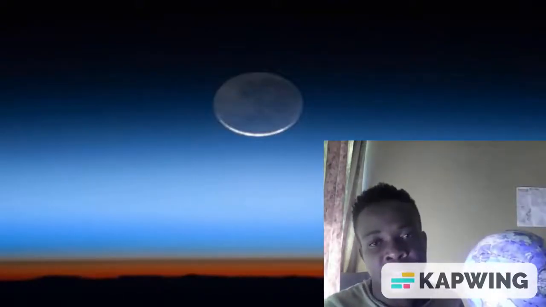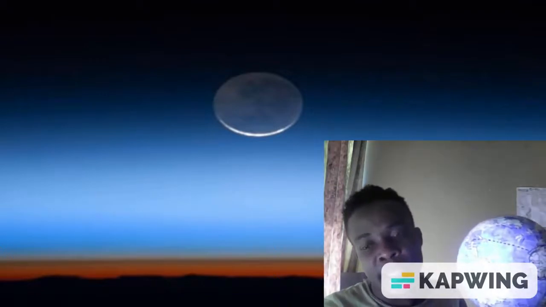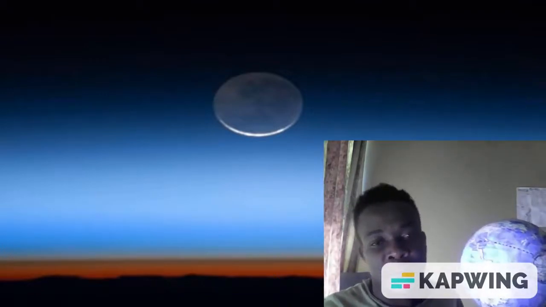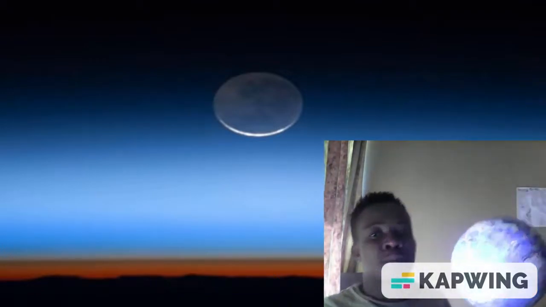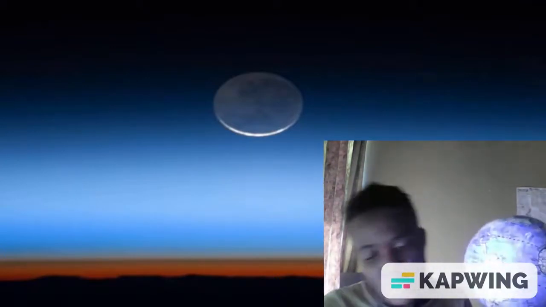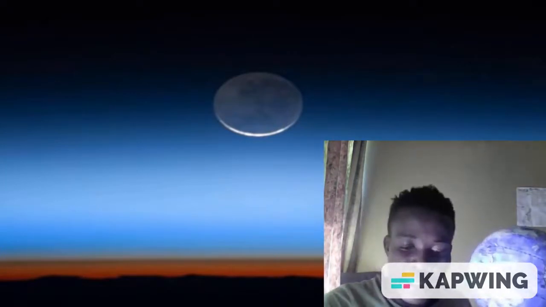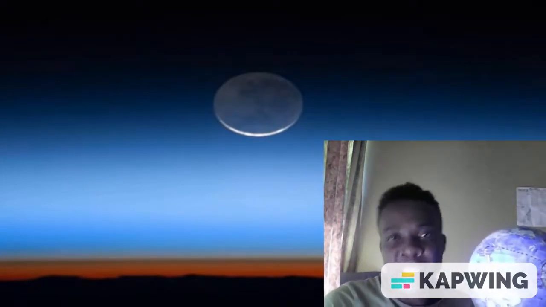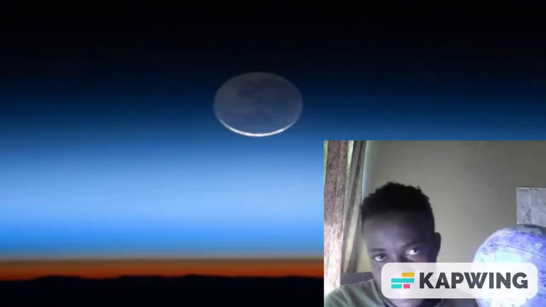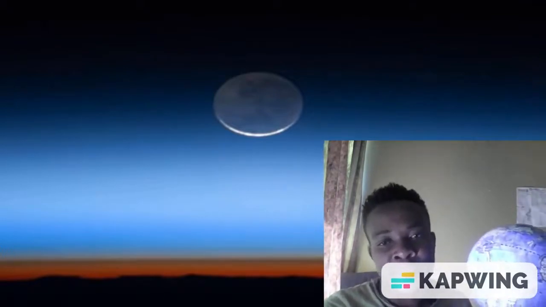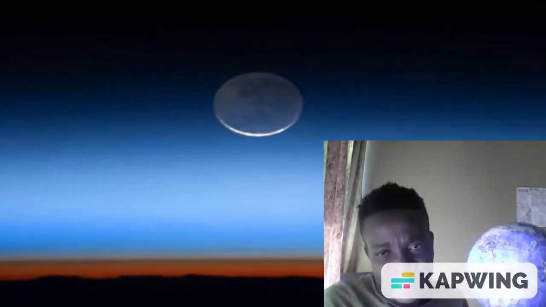Looking at the second important feature of Earth when we look at it from space, we have the atmosphere. Atmosphere is a thick layer that covers the entire Earth. In short, atmosphere is colorless and invisible.